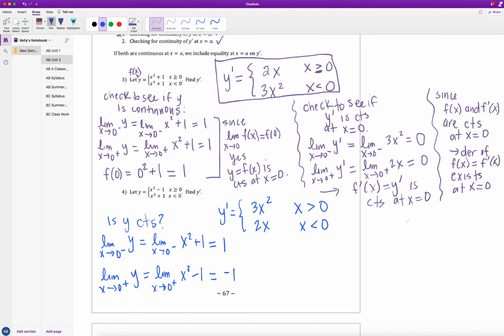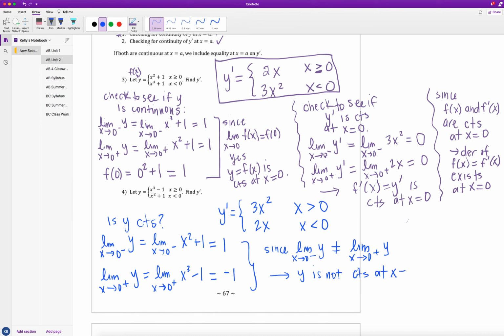Now what does this tell me if the limit from the left is equal to positive 1 and the limit from the right is equal to negative 1? Well, since the limit as x approaches 0 from the left of our function y did not equal the limit as x approaches 0 from the right of our function y, that tells me that y is not continuous at x equals 0.